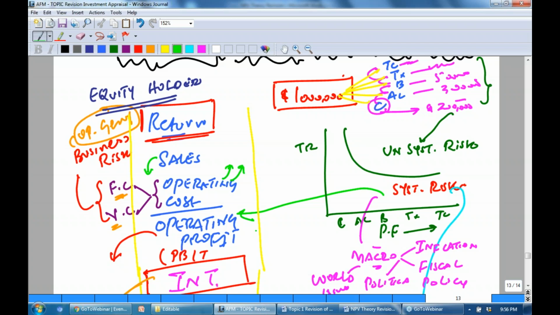It means Toyota has no concern to incorporate the risk element of unsystematic risk in the returns. That's why for the return calculation, we don't consider unsystematic risk. We ignore the unsystematic risk.